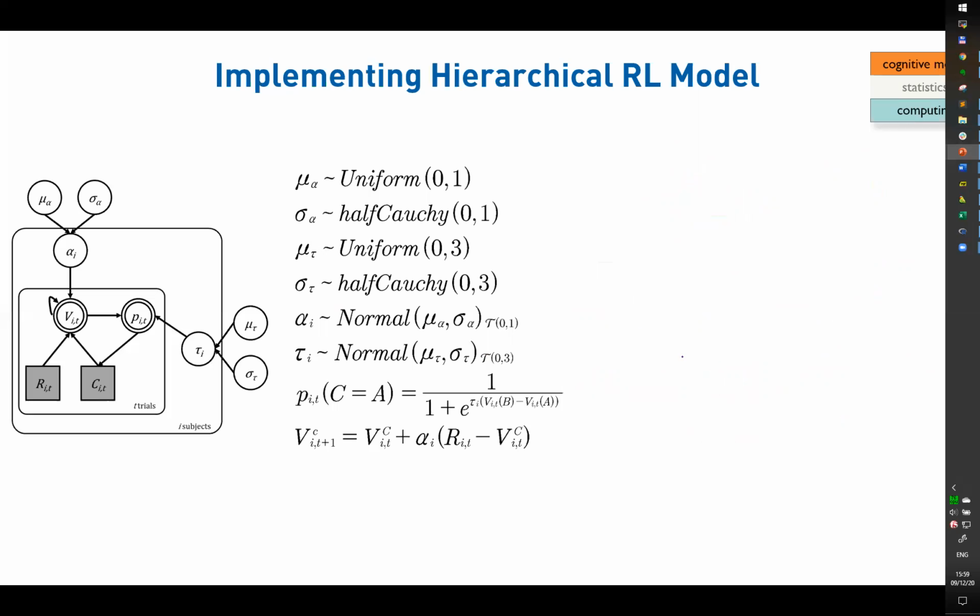All right, so a simpler question for you, and you can write it in the chat. Assume that we have a simple Rescorla-Wagner model where we have 2 parameters per person, alpha and tau, right? Assume that we have now recruited data from 20 participants.